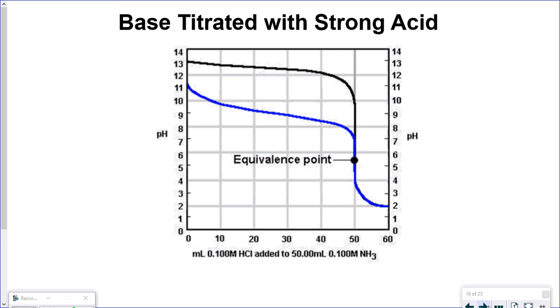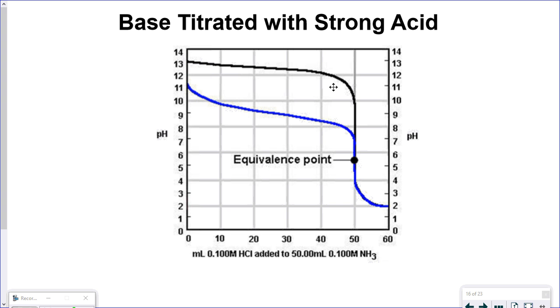We can also do all of these calculations if we have a base that's being titrated with an acid. So a base being titrated with a strong acid is going to be represented by the line in black. So yet again, it starts at a high pH.